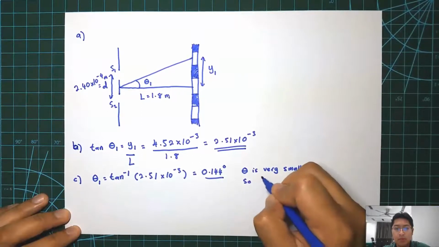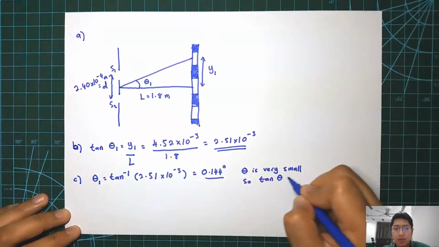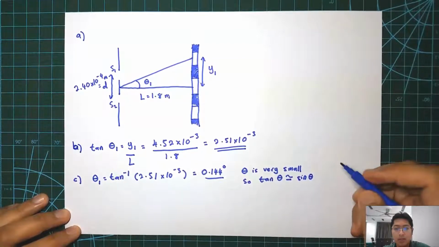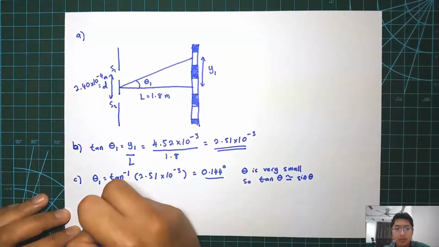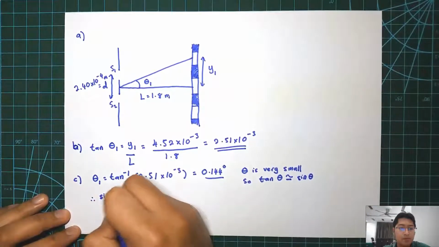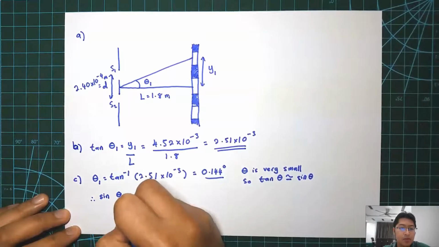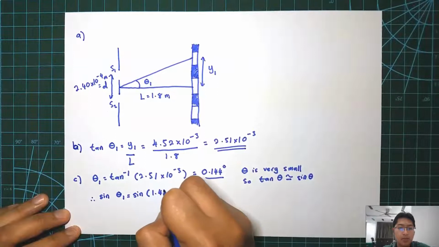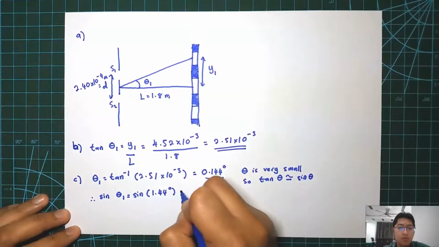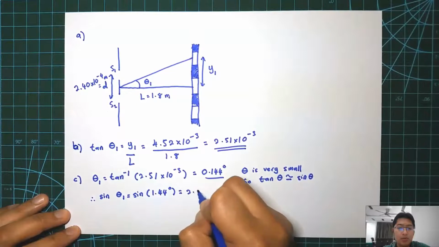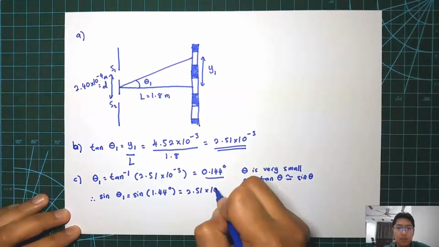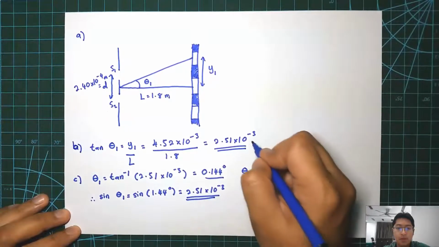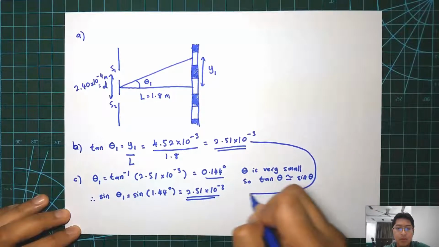If the angle is very small, then inverse tan will be approximately sine. It's almost equal. So you can check sine theta 1 equals sine 0.144 degrees equals 2.51 times 10 to the power of negative 3. This value is similar to the tan theta 1 value.